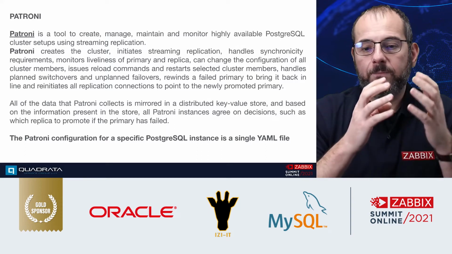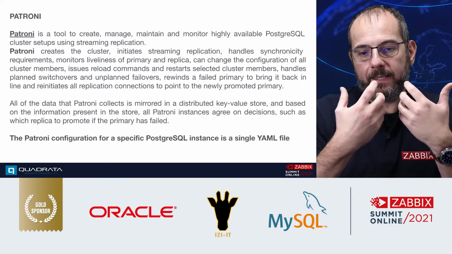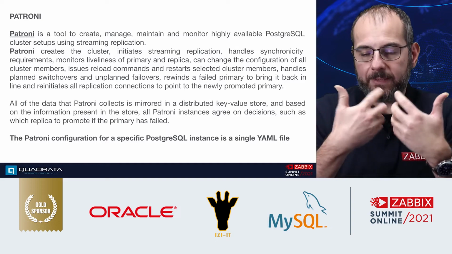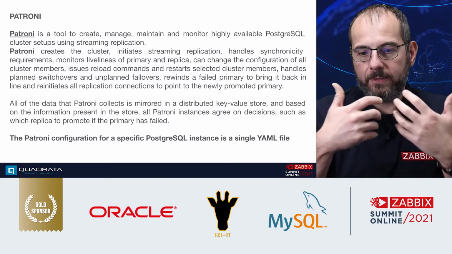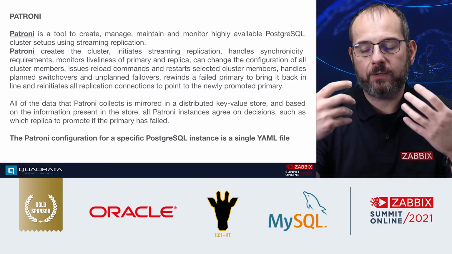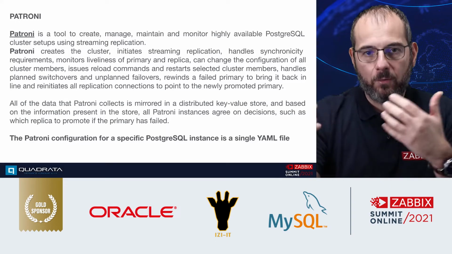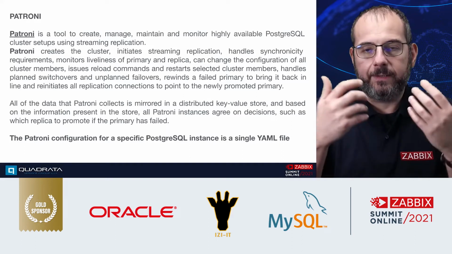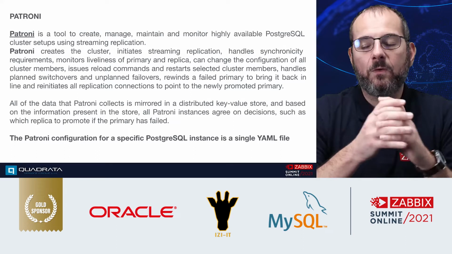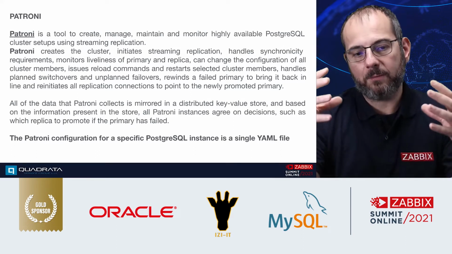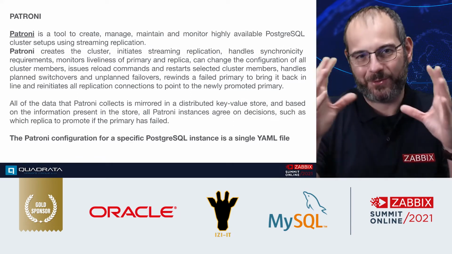It's also the software that creates the replication and tries to manage all the information when there is a fault in a node. It's similar to Corosync and Pacemaker, but simpler.